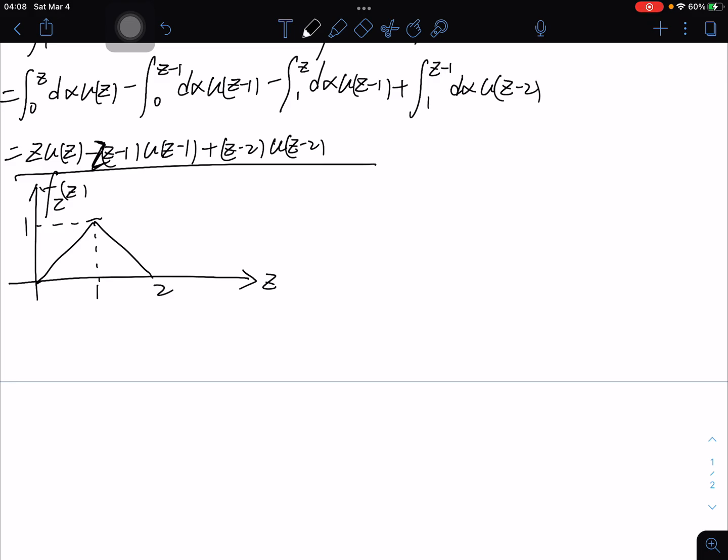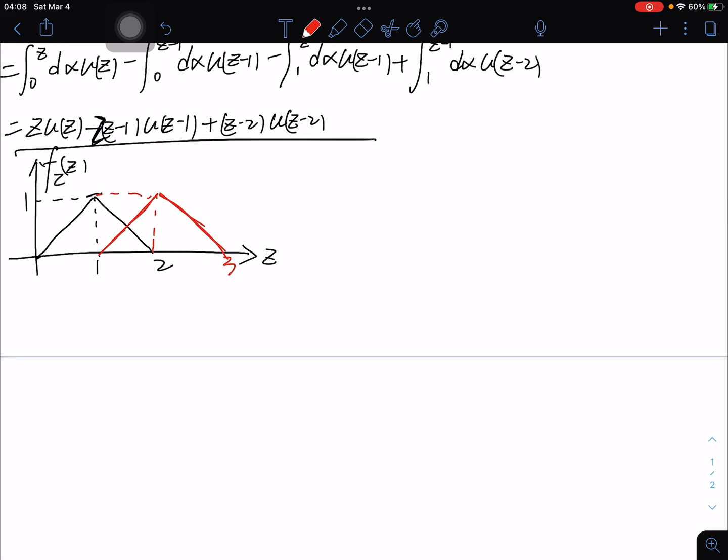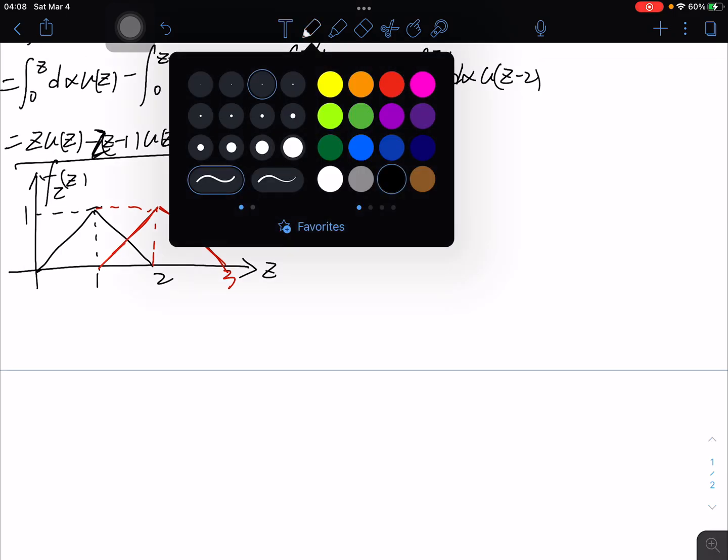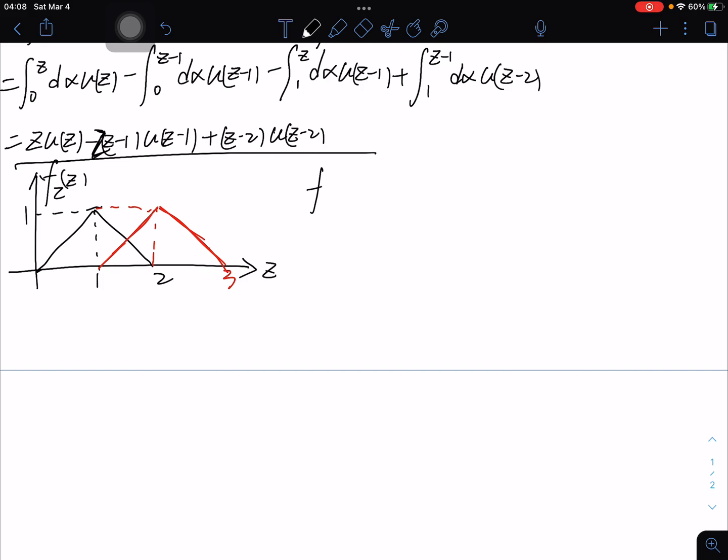We right shift and we get the function. This is the result, and we get f_Z(z) equal to (z minus 1) u(z minus 1) minus 2(z minus 2) u(z minus 2) plus (z minus 3) u(z minus 3). Okay.